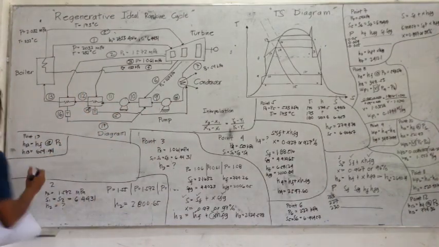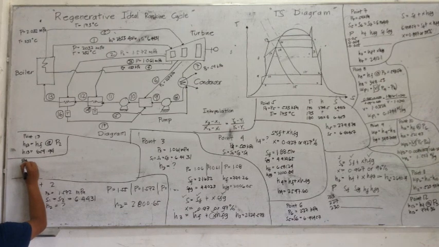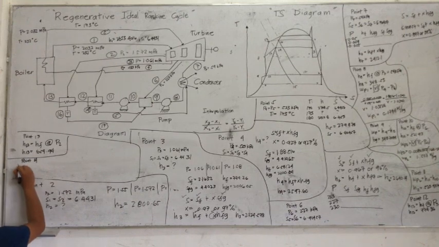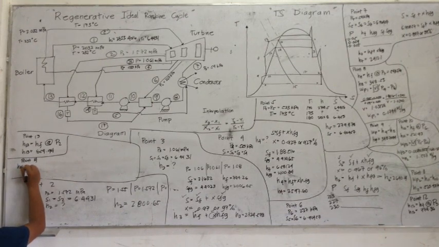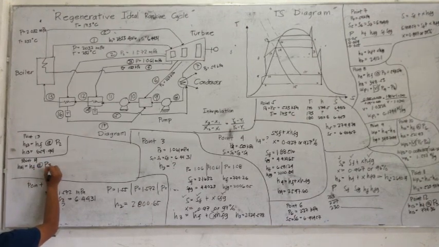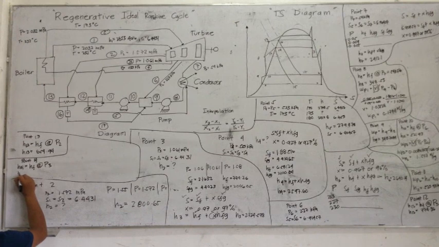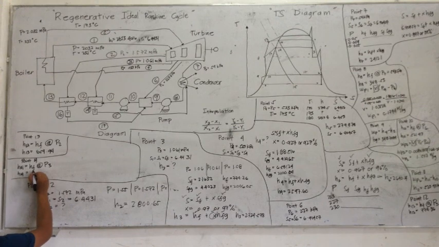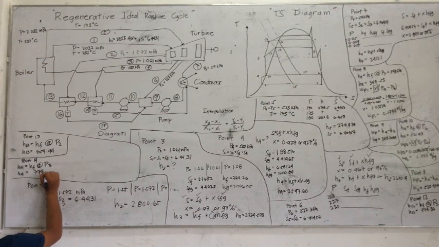So at point 14, H14 is equal to HF at point 3, which is 774.36.